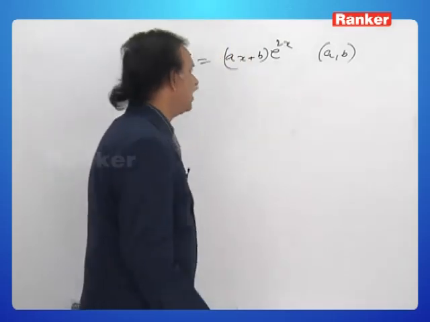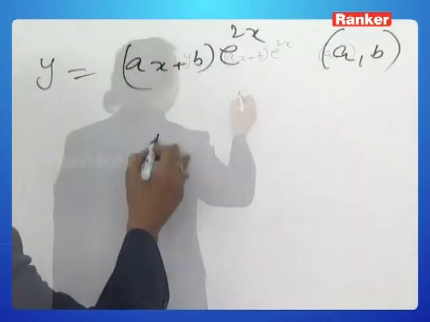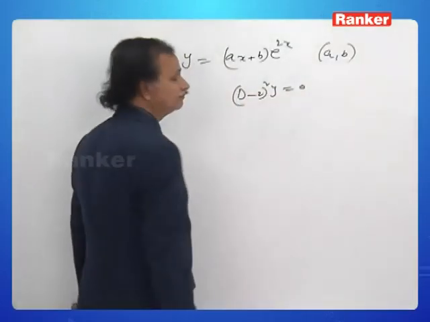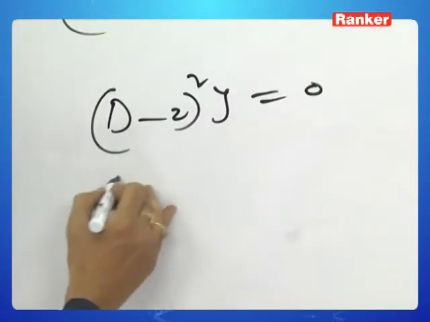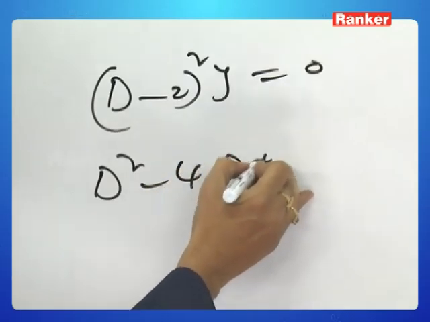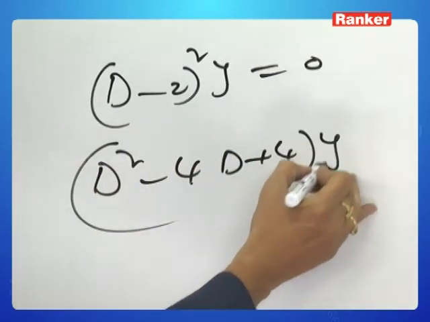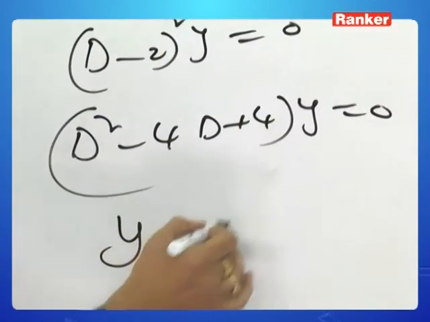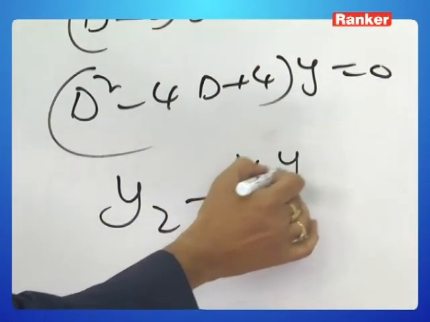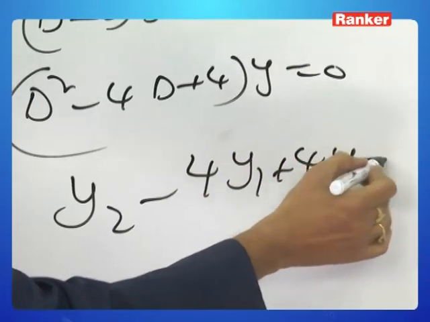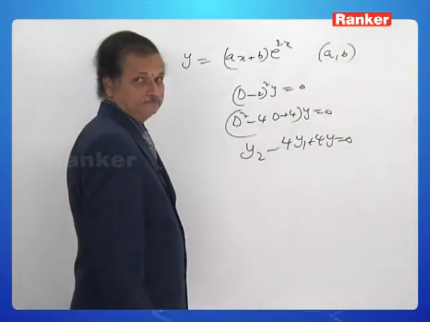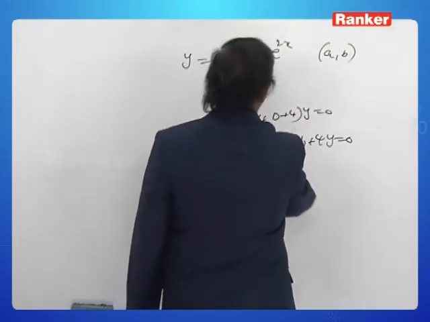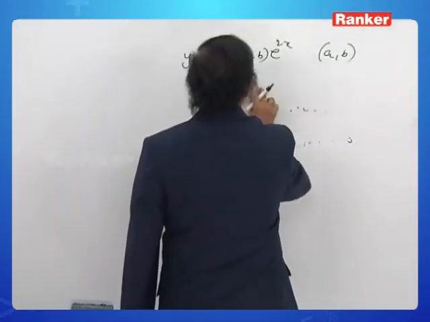How can you avoid it? This is just nothing but d minus 2 whole square of y is equal to 0. That is d square minus 4d plus 4 of y is equal to 0. That is d square of y is y2, 4d of y is 4y1, plus 4y is equal to 0. Shall we check it? It's not impossible.